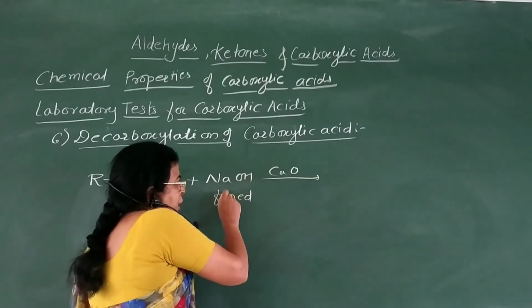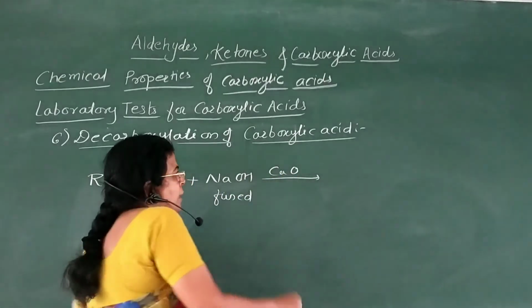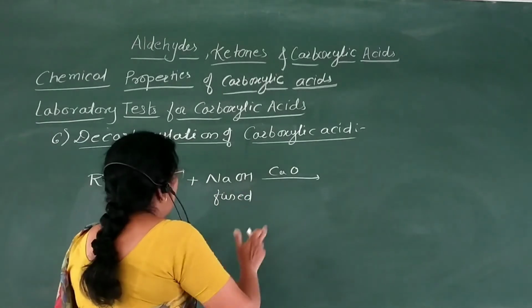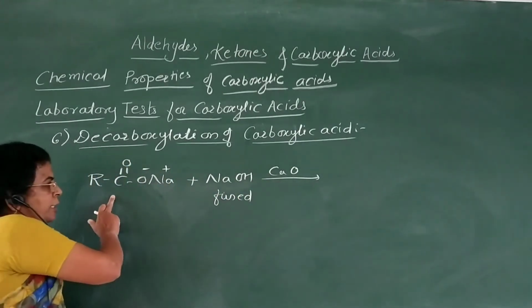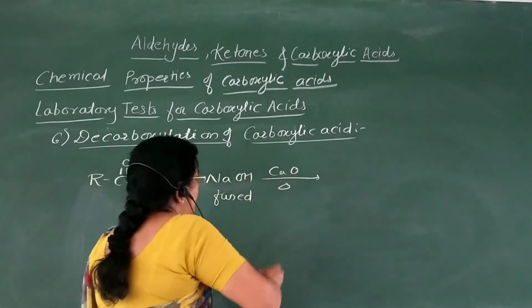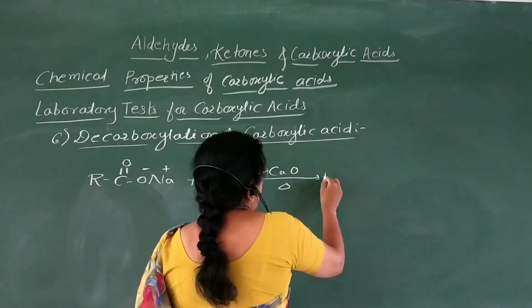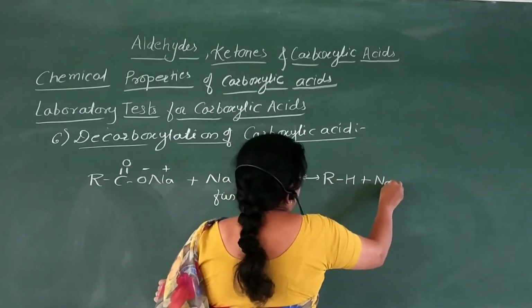A mixture of fused NaOH and calcium oxide is nothing but soda lime, and when this sodium salt of carboxylic acid is fused with soda lime, then formation of alkane takes place, that is RH plus Na2CO3.